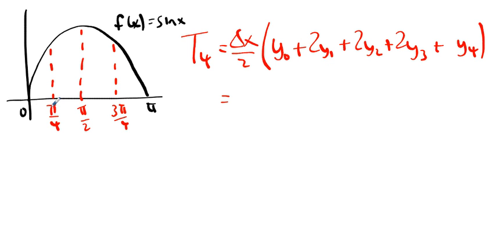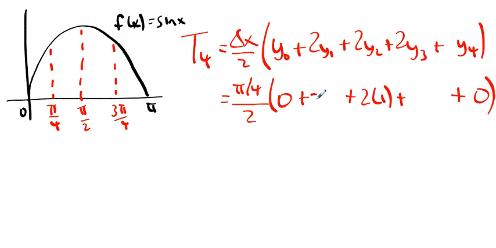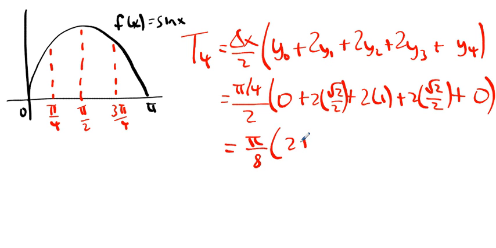So what's delta x? Well, delta x is pi over 4 in every case. And then your y values. I know what this one is, and I know what that one is, and I'm pretty sure I know what this one is. Do you remember what the sine of pi over 4 is? Good. And this thing turns out to be pi over 8 times 2 plus 2 square root of 2, and that is an acceptable form of the approximation.